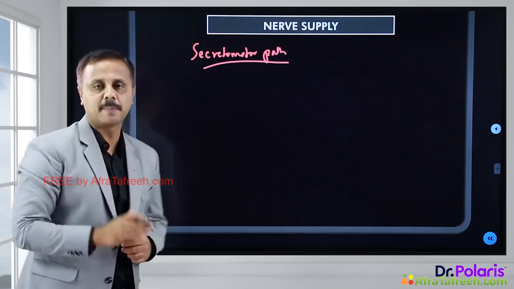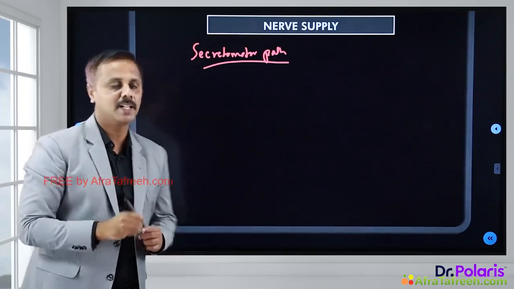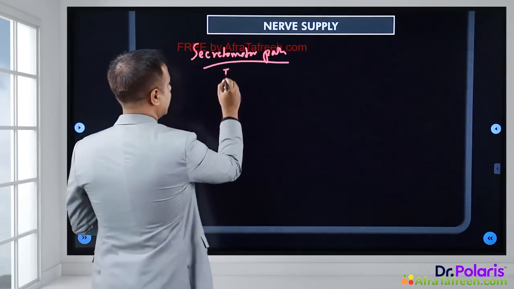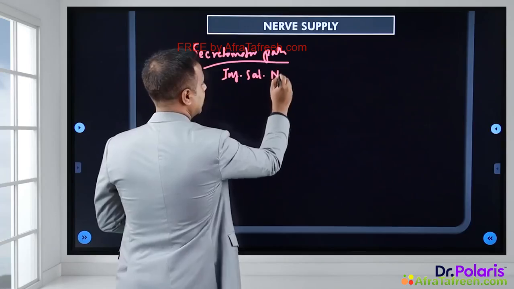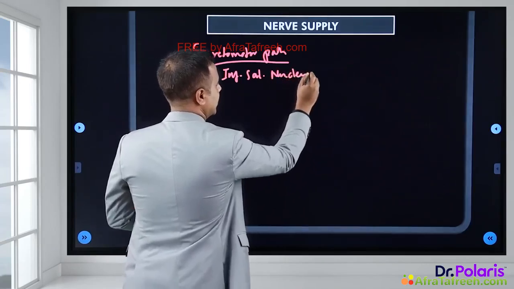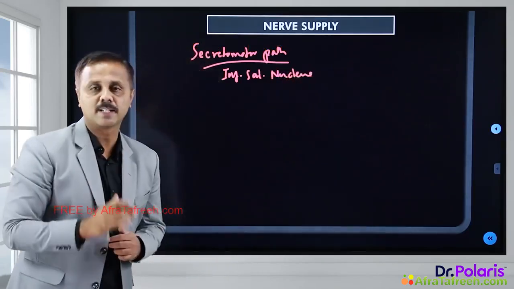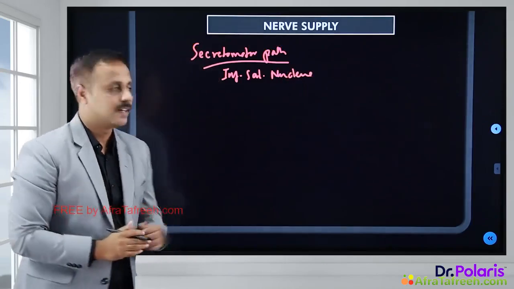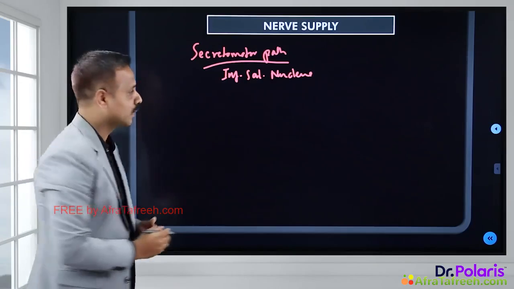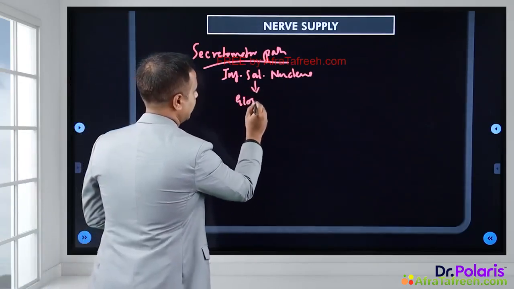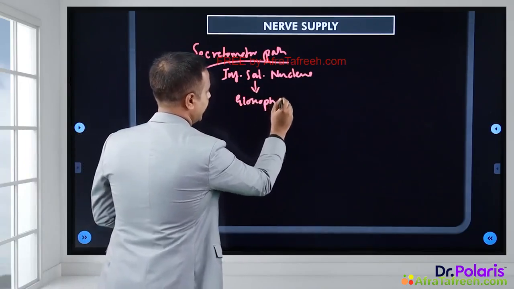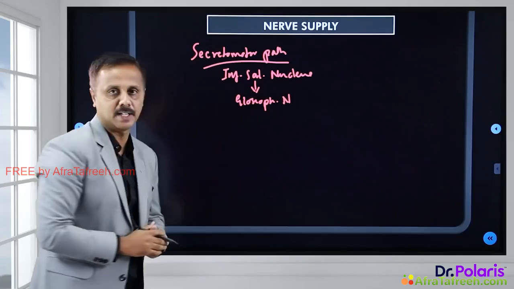The secretions of the parotid gland are controlled by a nucleus referred to as the inferior salivatory nucleus. This nucleus is present in the medulla oblongata. Fibers from the inferior salivatory nucleus will ultimately go to the glossopharyngeal nerve, which is the 9th cranial nerve.